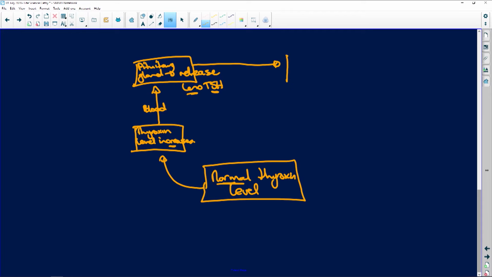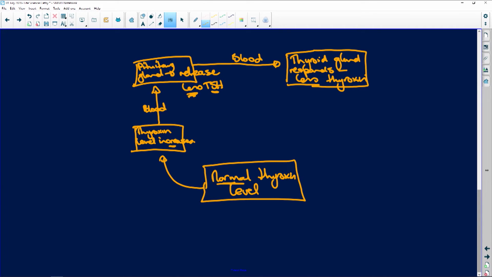So okay, there's less. Why am I making this so small? I'm making my life difficult here. Okay? So we have less thyroid stimulating hormone. So the result is that this travels in the blood, and the thyroid gland is going to respond, and it therefore releases less thyroxine.